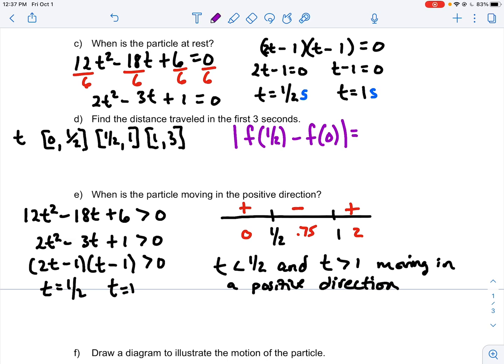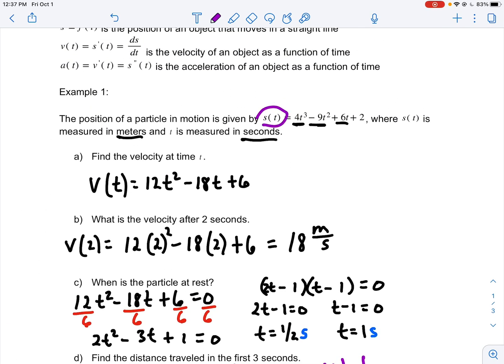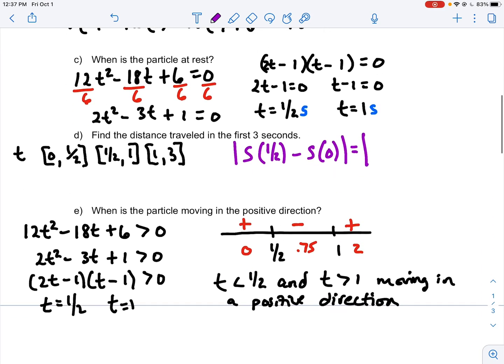So when you take 1/2, it's not f of 1/2. In this case, it's going to be s of 1/2 because our function up at the top is in terms of s here. So s of 1/2.